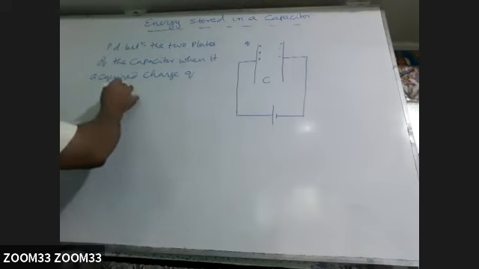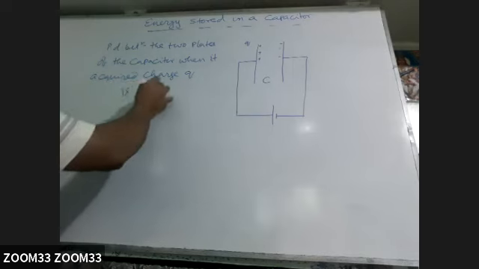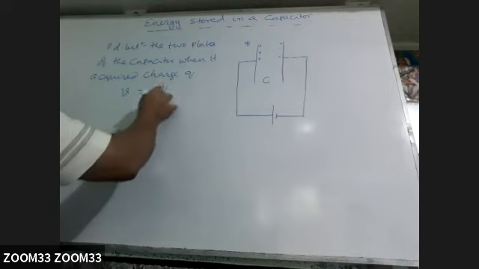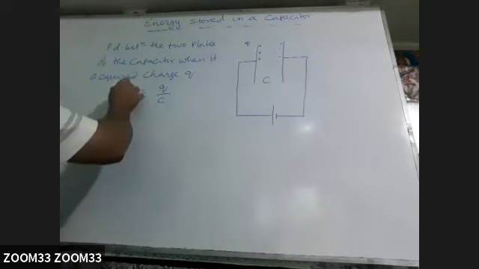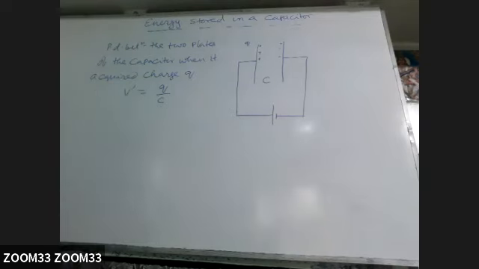This small V we are taking, V will be Q over C, or we can say V dash. But generally we just say potential difference.